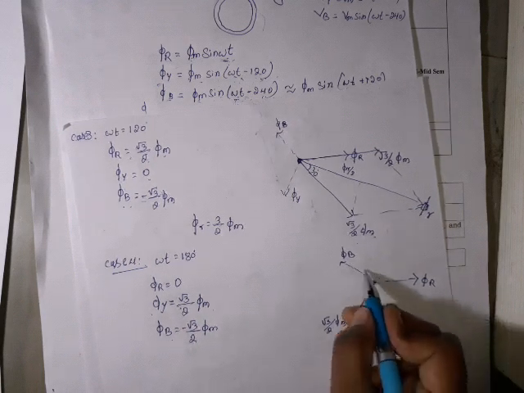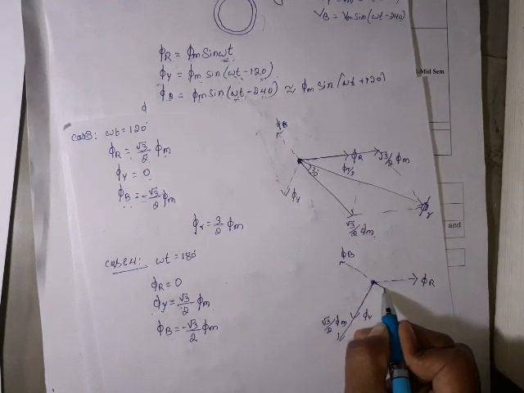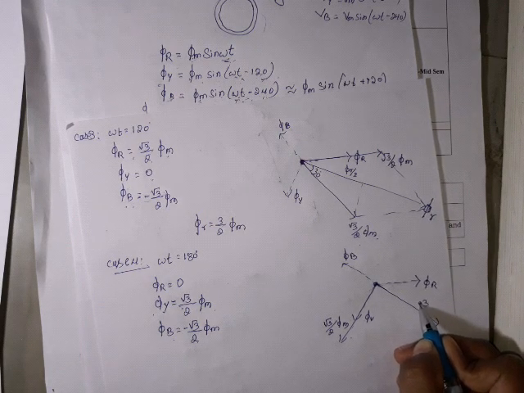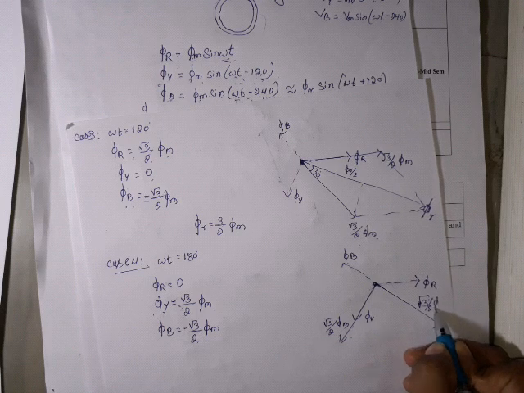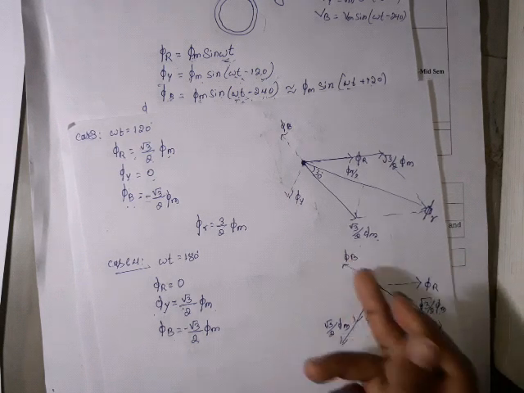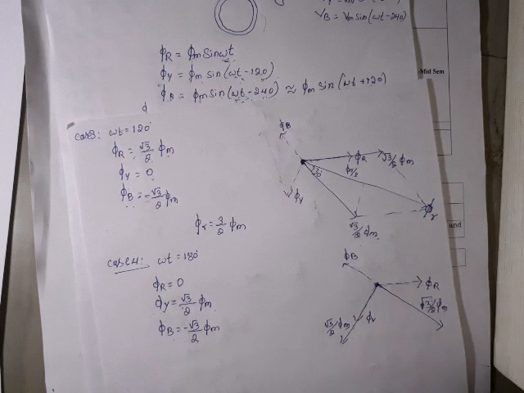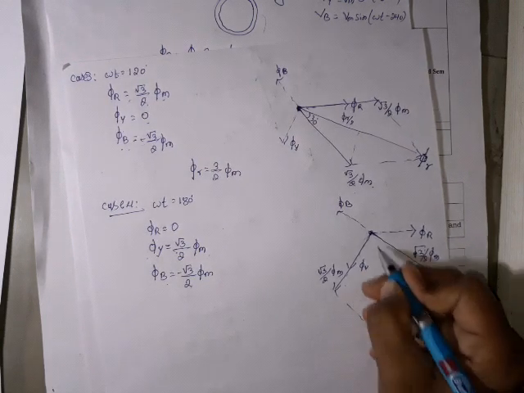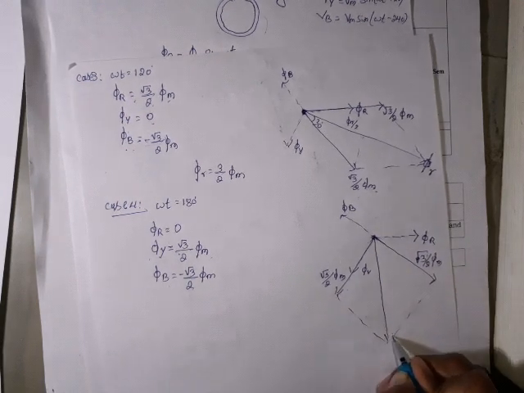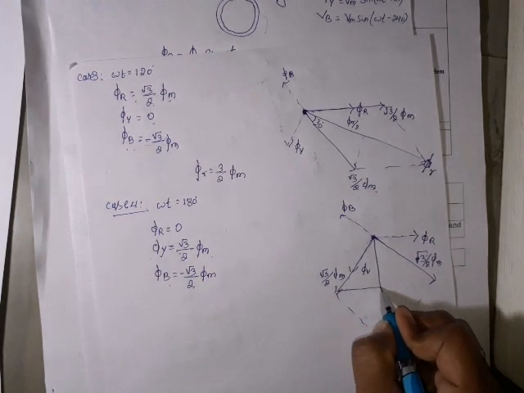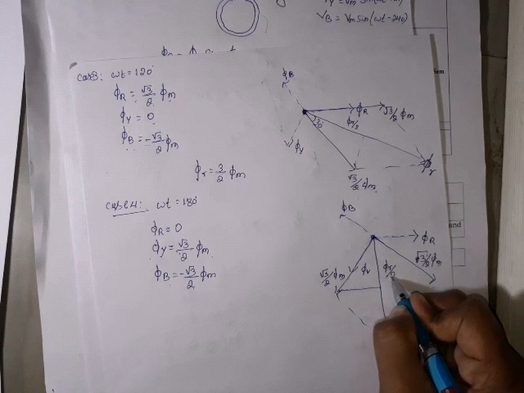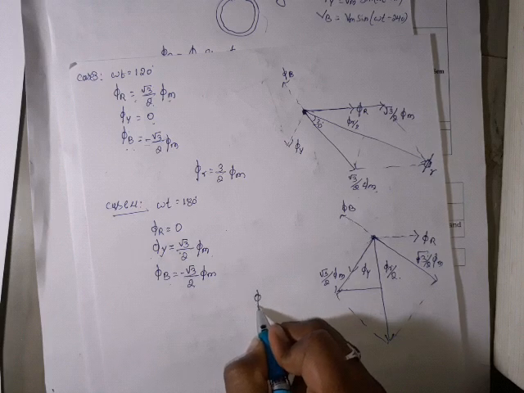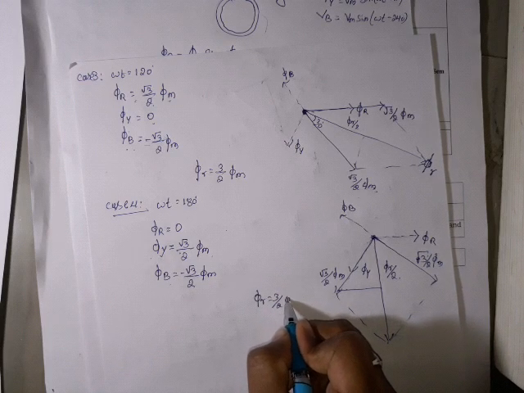Minus root 3 by 2, so it will be like this. We should not write minus here because we have already taken the opposite direction. Now the resultant will be the vector sum of these two. Draw the bisector, so this will be phi r by 2. If you do this again, your phi r will be 3 by 2 times phi m.